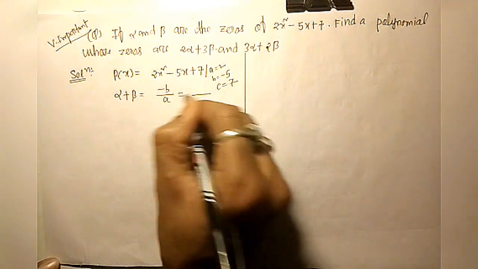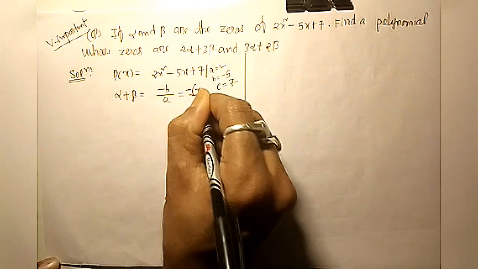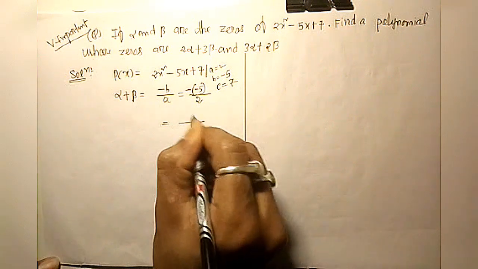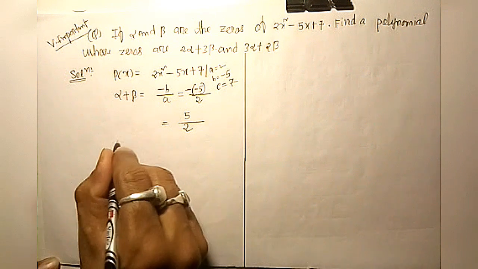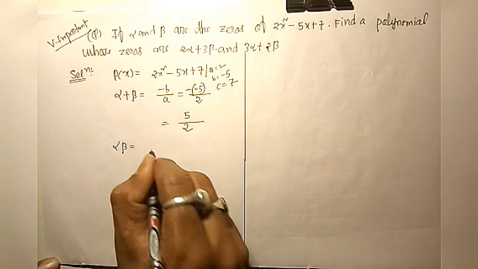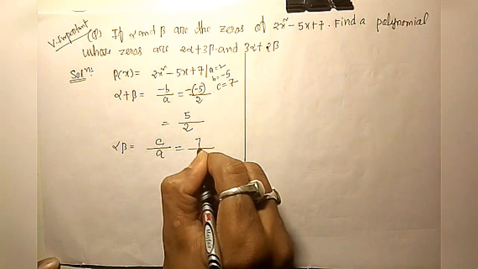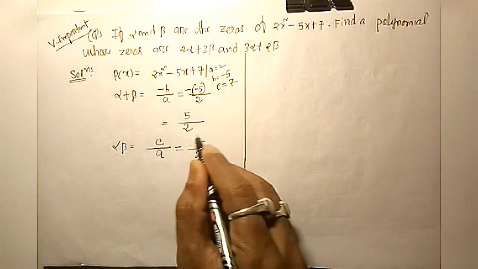So alpha plus beta means minus b by a, which is minus bracket minus 5 by 2, so minus minus plus 5 by 2. So alpha plus beta equals 5 by 2. Alpha beta equals c by a. So c is 7 and a is 2, so 7 by 2.